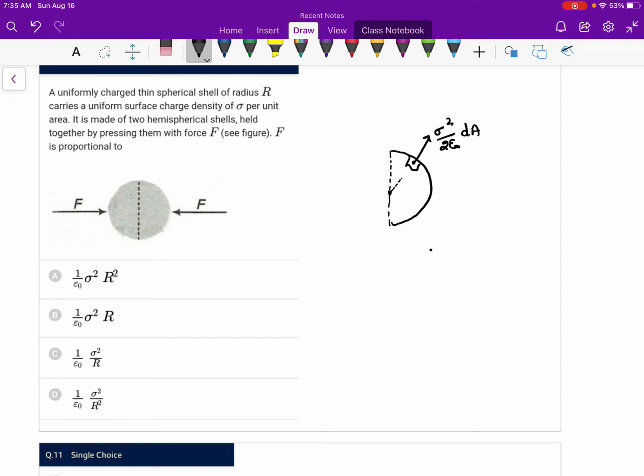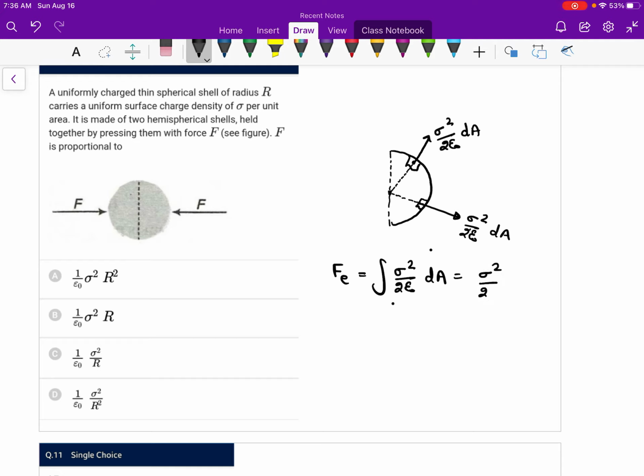This is the electrostatic force due to the remaining sphere, and similarly for a symmetrical element on the opposite side. So F electrostatic is sigma squared upon 2 epsilon naught into dA.